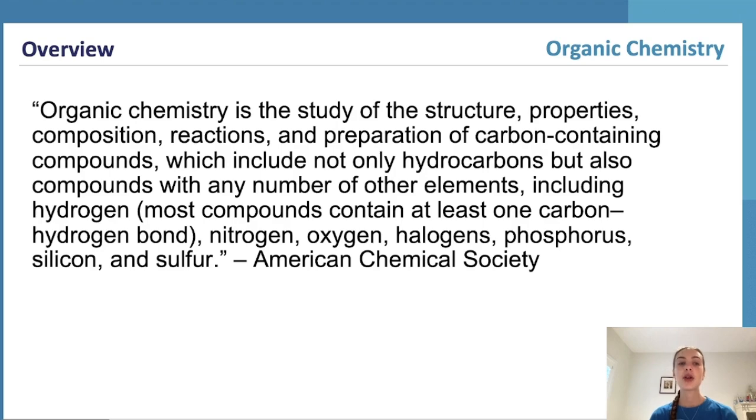So basically it's these compounds which have a carbon backbone, and based off this carbon backbone they then have functional groups which affect the physical and chemical properties and affect what reactions this particular compound can participate in.